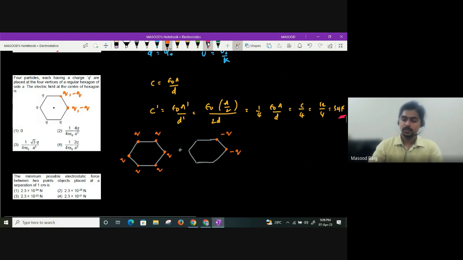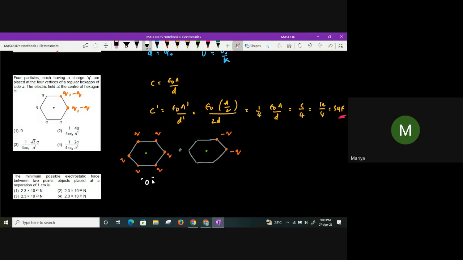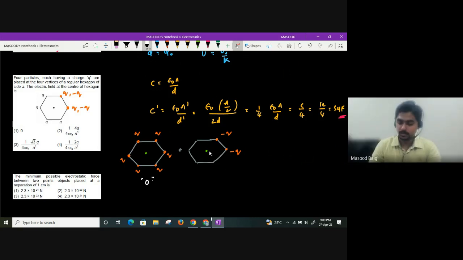They're asking us to find the electric field at the center. Please try to understand. In this case, what is the electric field at center? For the first case, the electric field at center is 0. Second case, what will the negative charge do? Negative charge will attract.